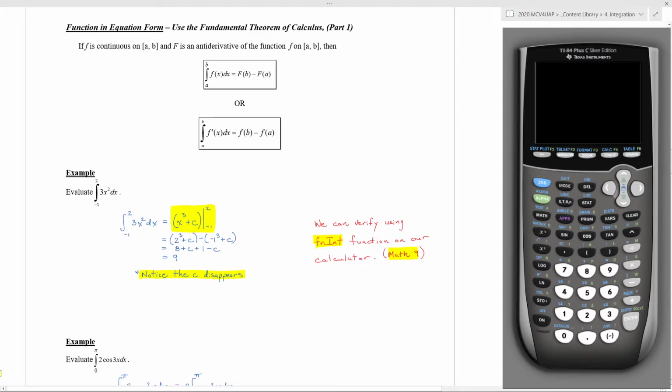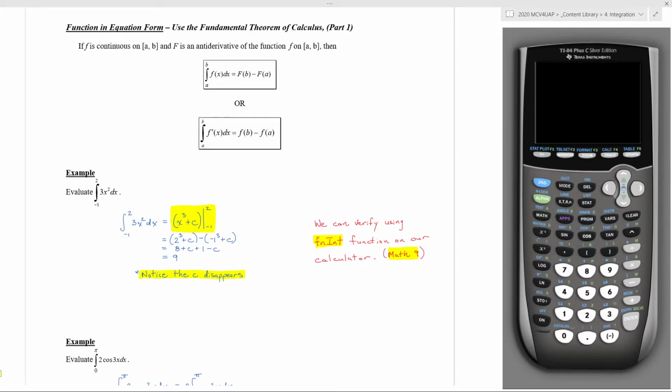So you get 2 cubed plus c when you sub in the upper limit, and you get -1 cubed plus c when you sub in the lower limit, and you need to subtract those two. So that gives you 8 plus c plus 1 minus c, which is equal to 9. And I've highlighted there that the c disappears.